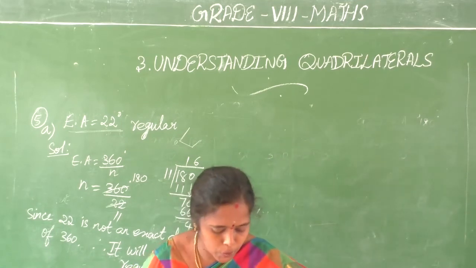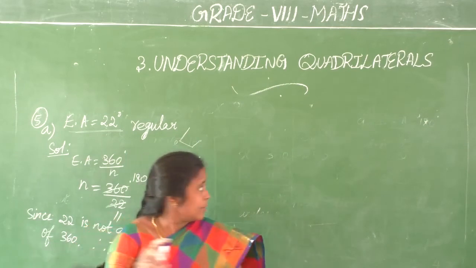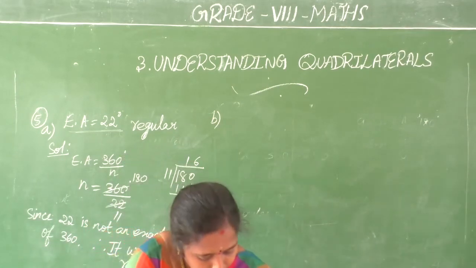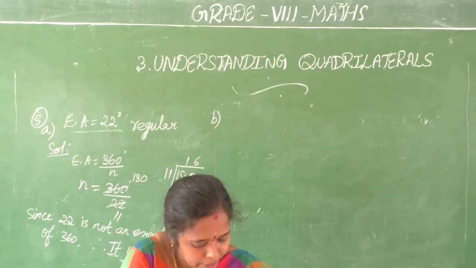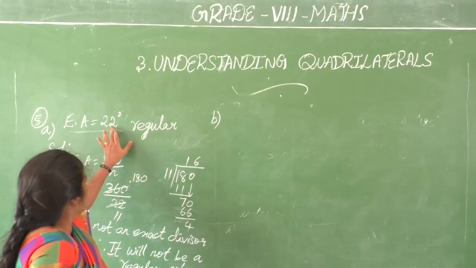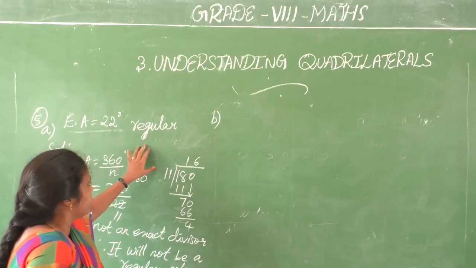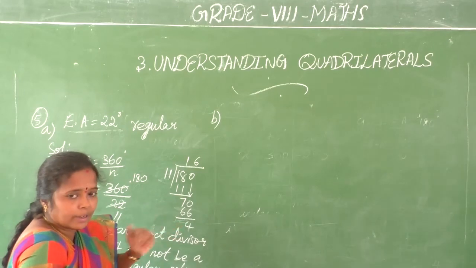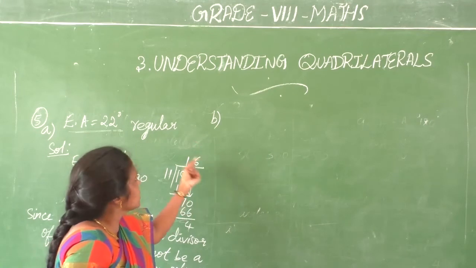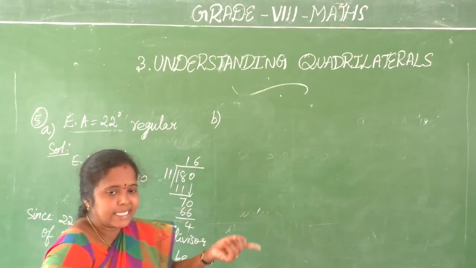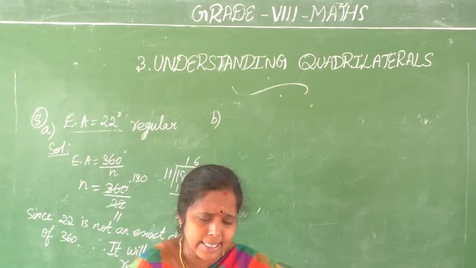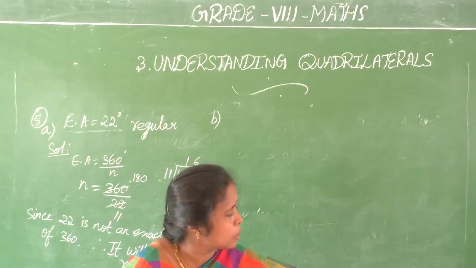See, in this one more question they asked, this is A. B they asked, suppose, can it be an interior angle of a regular polygon? Why? See, with exterior angle 22 degree, the given figure we decided just now will not be a regular polygon. Then again they are questioning: suppose the 22 degree angle is its interior angle, will it be a regular polygon? What is the meaning of the question?